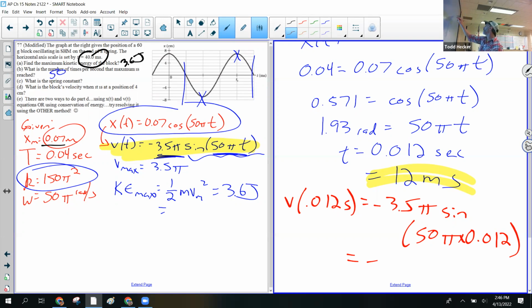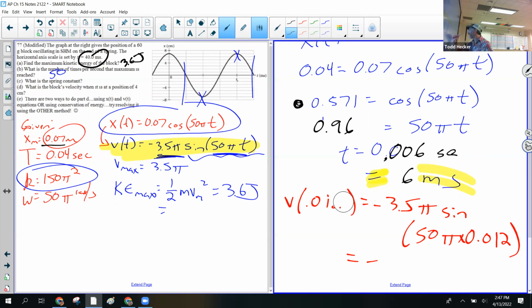So where are we at? Because I had my calculator in degrees, it kind of messed things up. So this should have been 0.96, which makes the time 0.006. I'm super sorry, guys, which is 6 milliseconds.